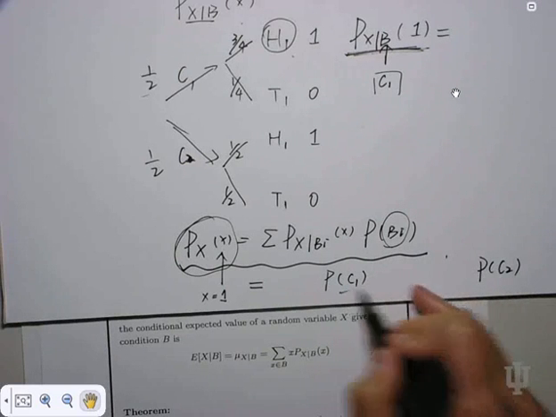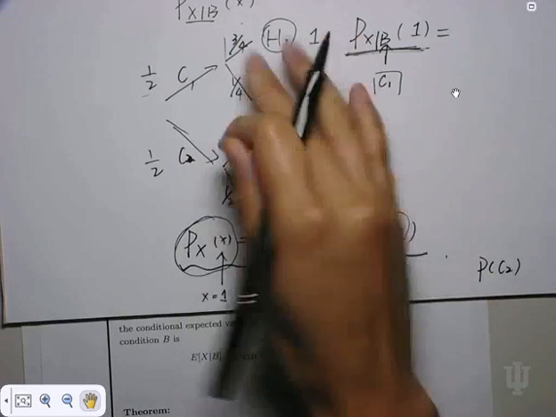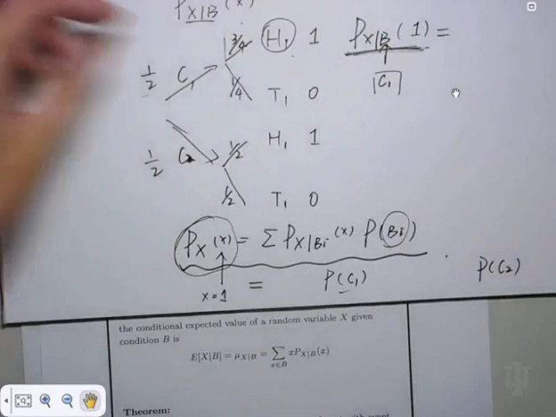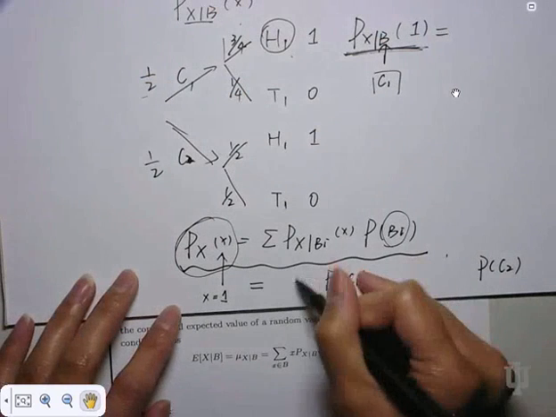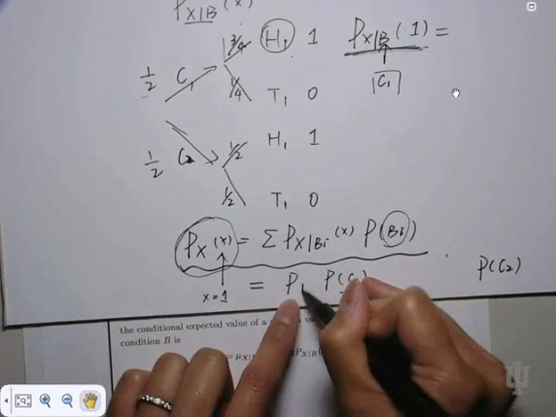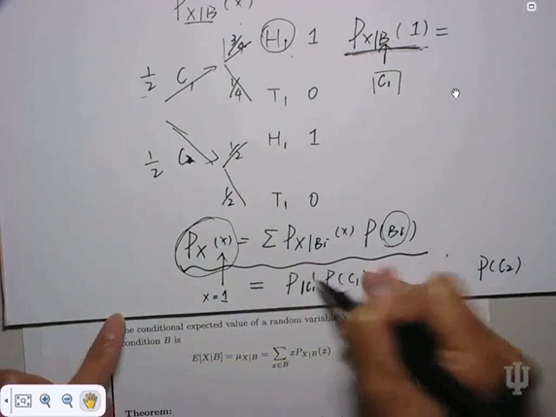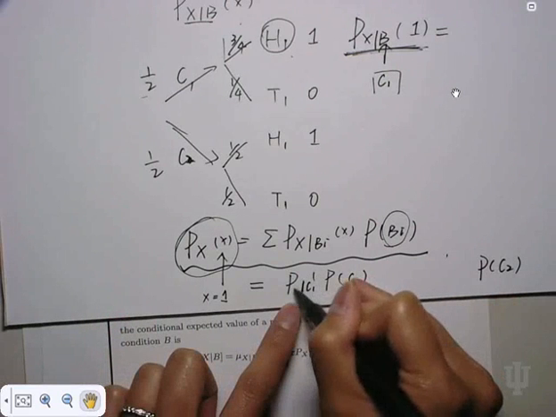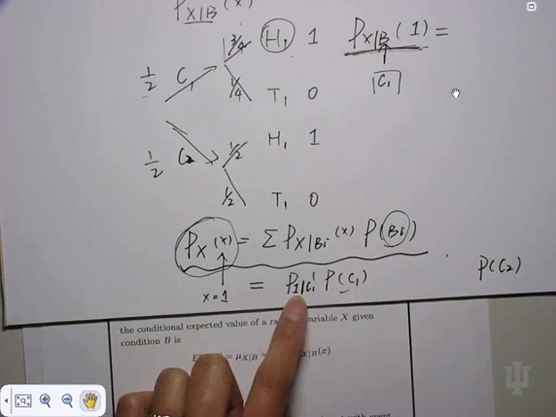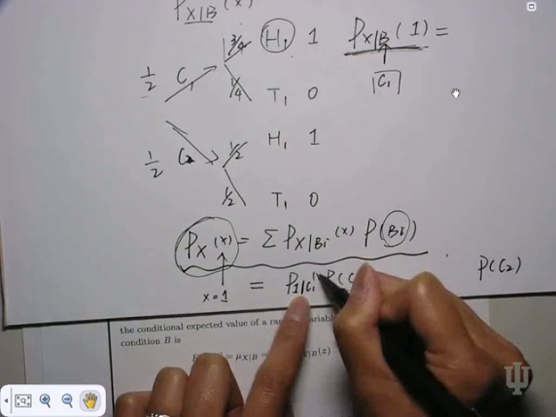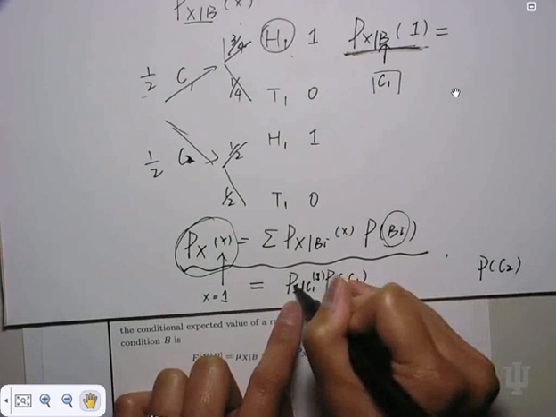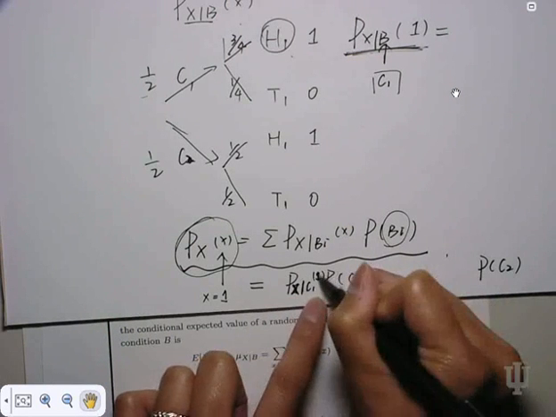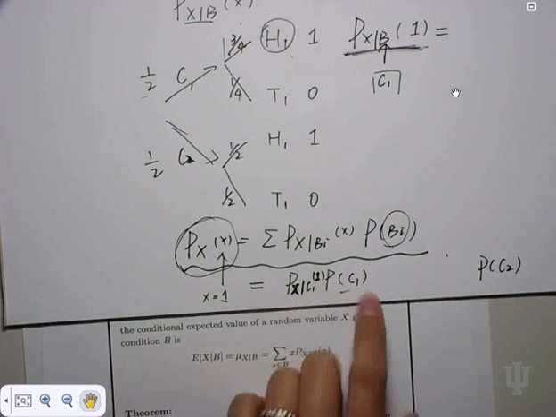If I know I use C1, which means I'm in this part, knowing the condition here, the probability of having a head given C1 is 1 actually, right? This is x, and little x takes on value 1.